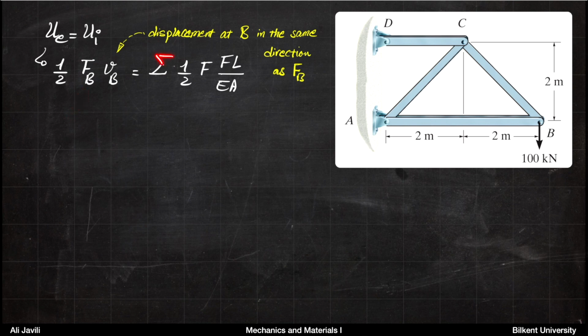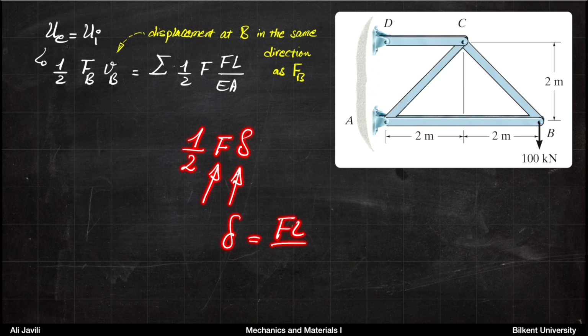That would be equal to the sum of the internal energies in each member, and for each member the internal energy is 1/2 times F times delta. So for each member you have a force F in the member and the displacement of that member, or change of length of that member rather, and that change of length delta is FL over EA.